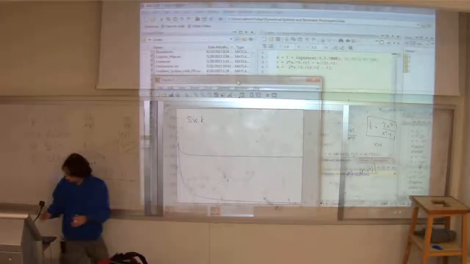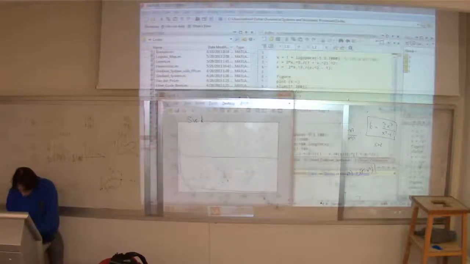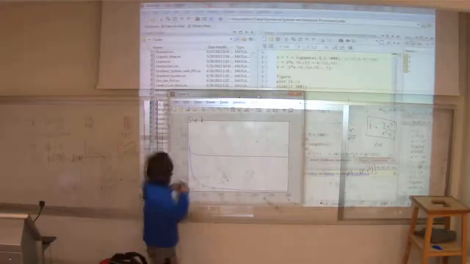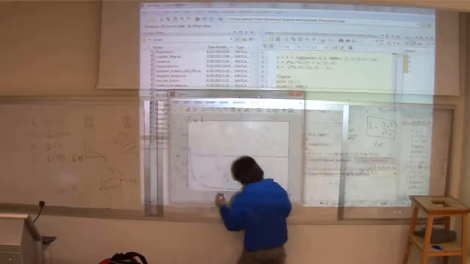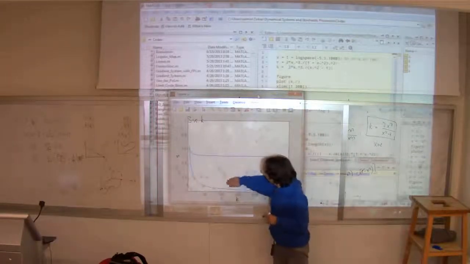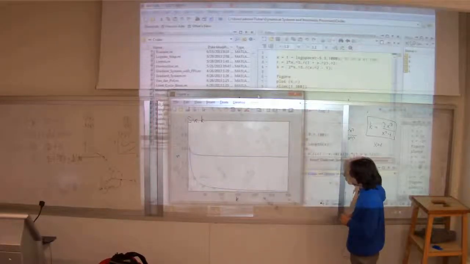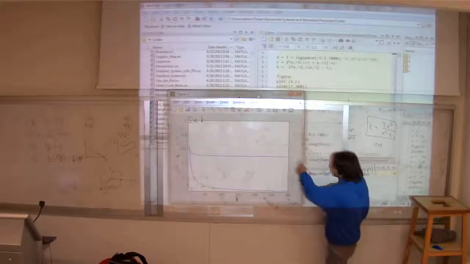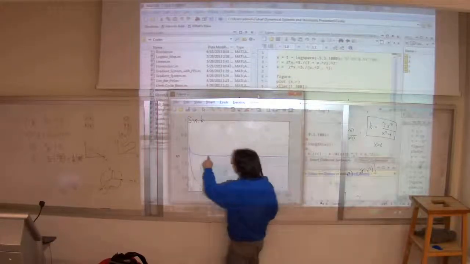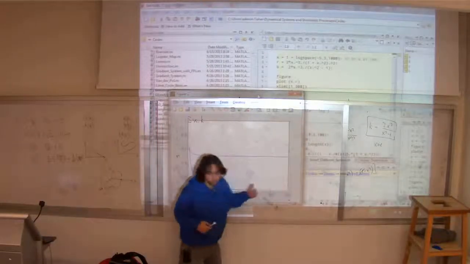Here, the abscissa is k. This should be s. And here we have this curve that I plotted for different values of x. You could imagine x is increasing over these curves, like from here to here, or the other way around.